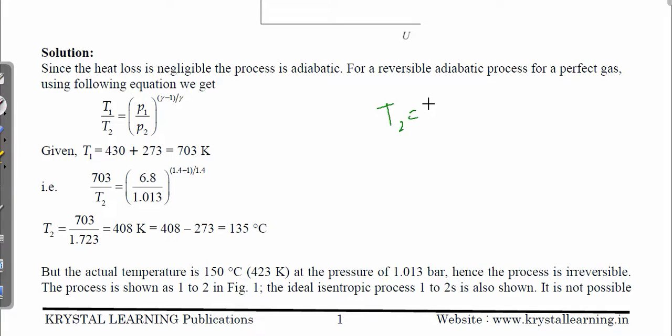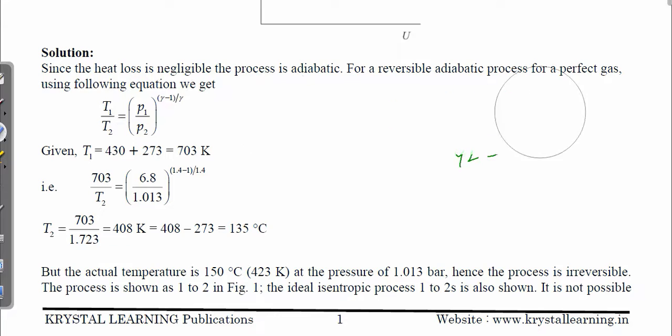In the question T2 is given as 150 degree centigrade plus 273, which comes to 423 Kelvin. For the reversible path, the final temperature T2 comes to be 408 Kelvin or 135 degree centigrade, which is lesser than this 150 degree centigrade.